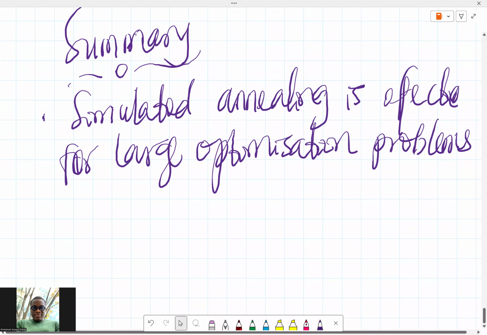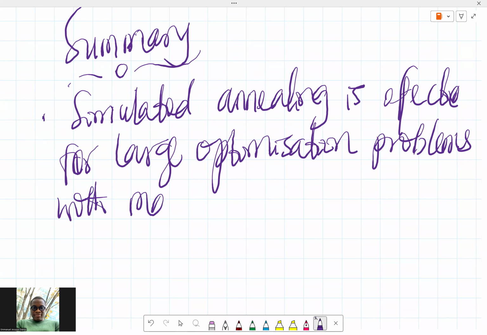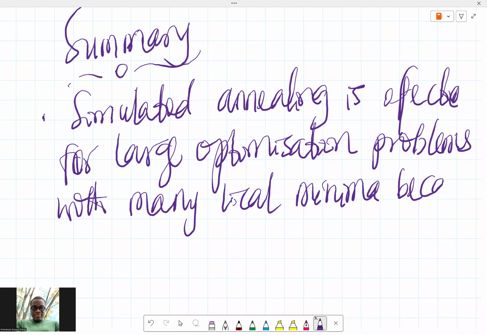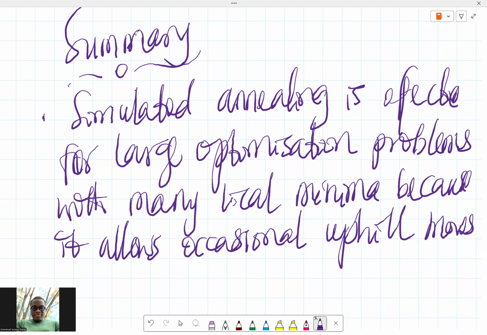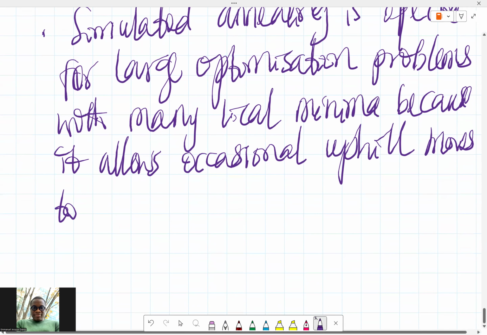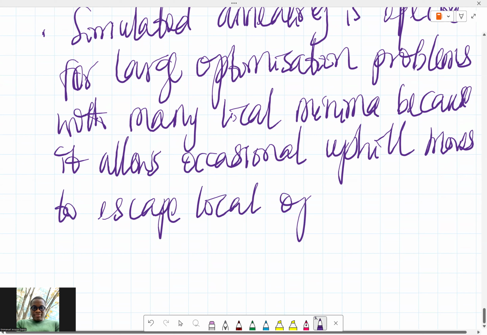Simulated annealing is effective for large optimization problems with many local minima, because it allows occasional uphill moves to escape local optima.